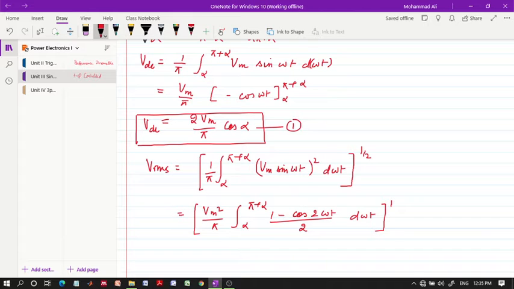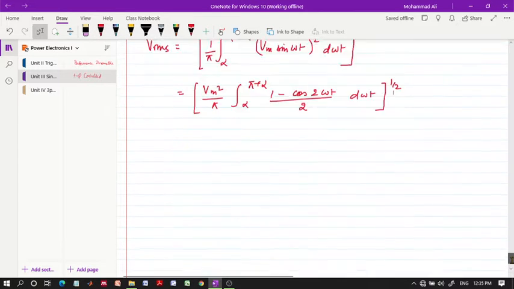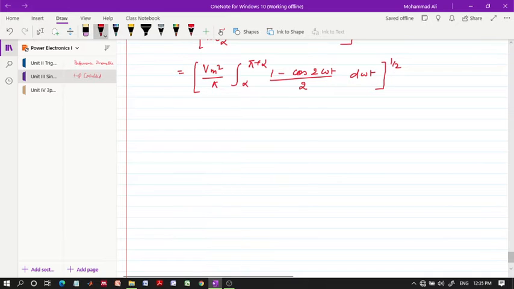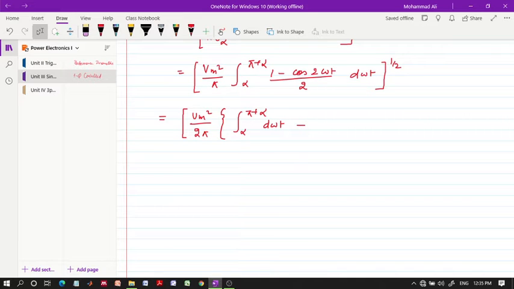Now this equation is easy to solve, and it will be like this: Vm square upon 2 pi. I am taking this 1 upon 2 outside because it is constant, and I can take it in 2 parts: cosine of twice of omega t, right, d omega t.